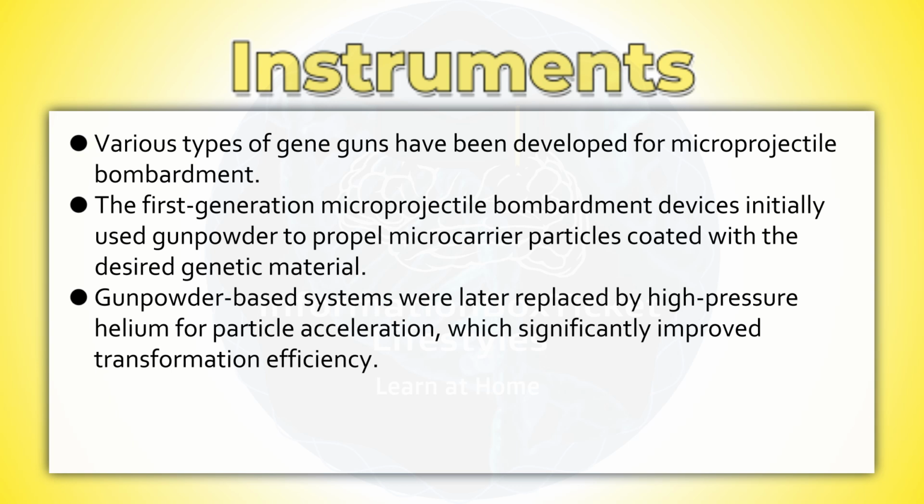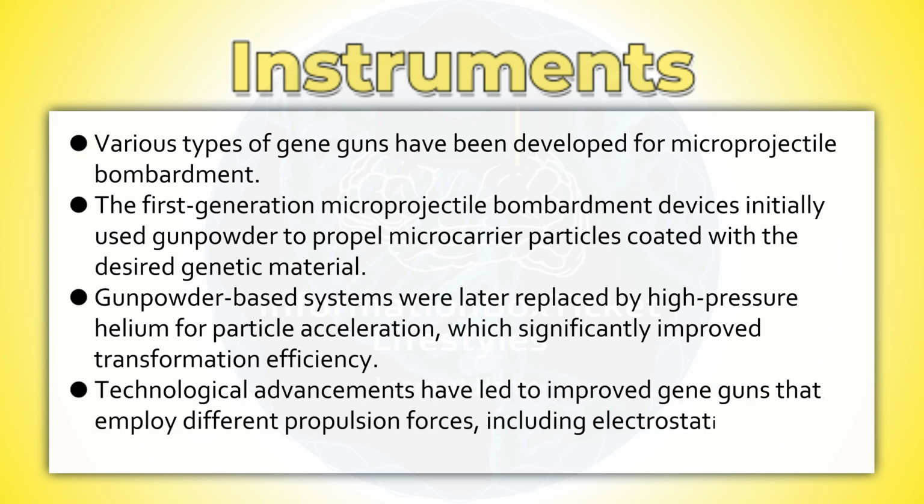Gunpowder-based systems were later replaced by high-pressure helium for particle acceleration, which significantly improved transformation efficiency. Technological advancements have led to improved gene guns that employ different propulsion forces, including electrostatic, pneumatic, and compressed gas systems.